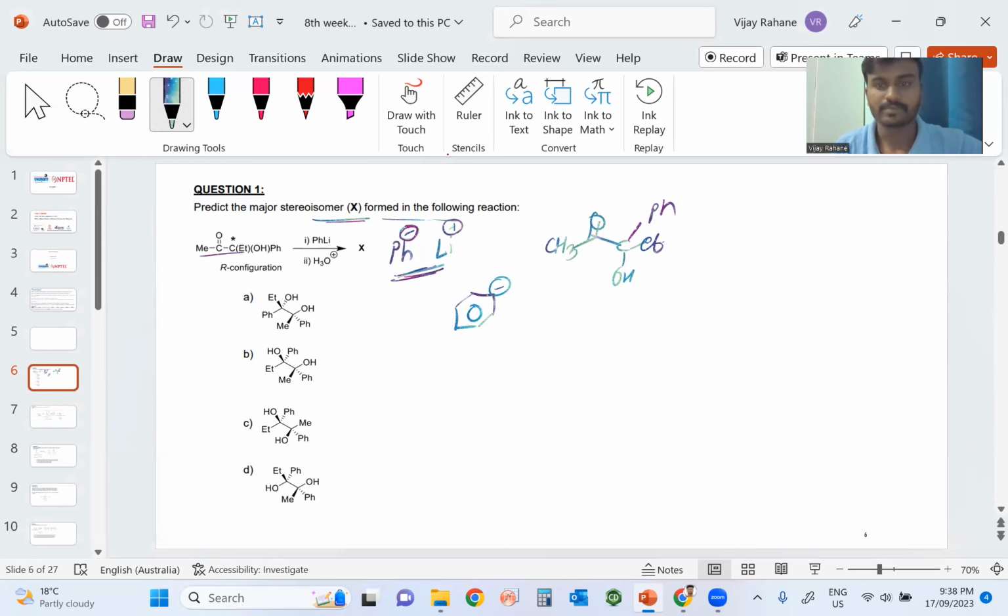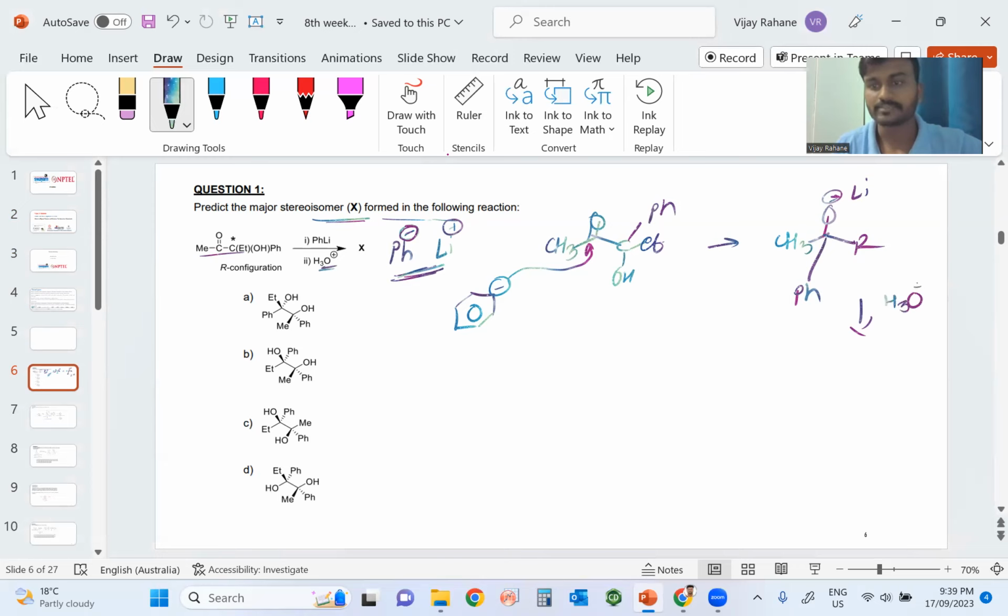So it forms a new carbon-carbon bond by nucleophilic addition of this phenyl anion across the carbonyl carbon, giving the product, which is the intermediate. Let's say this is R and this is Ph, with O minus and lithium. Then H3O plus stands for the workup of the reaction.